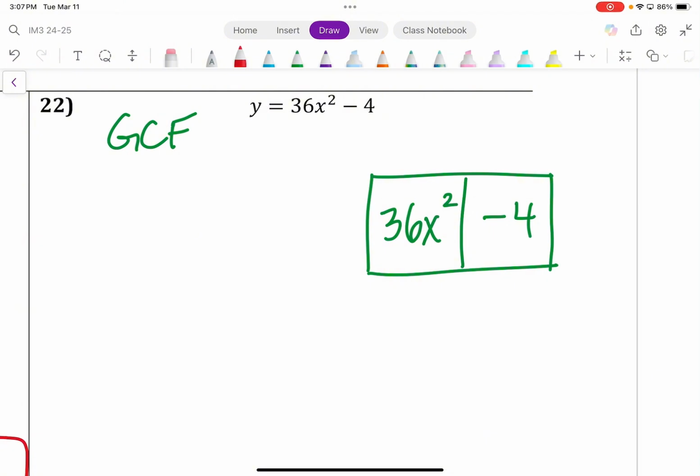I can take a 9, but 9 I can't take out from a 4. Bigger than 2 would be 4. Let's take a 4 out. That would give us 9x squared minus 1.